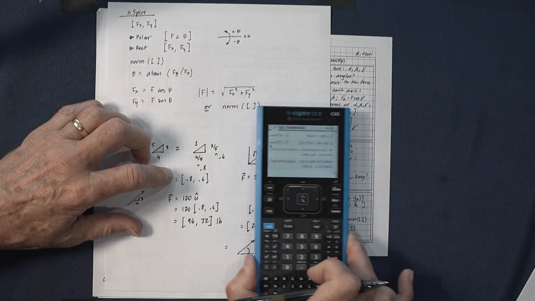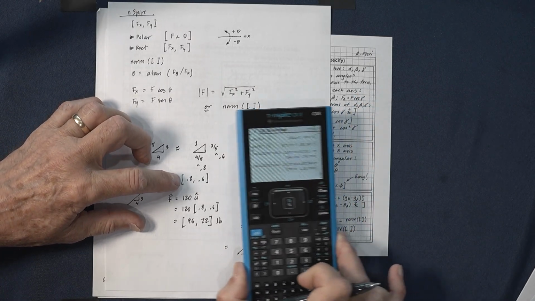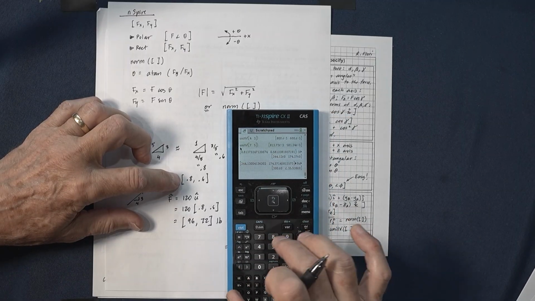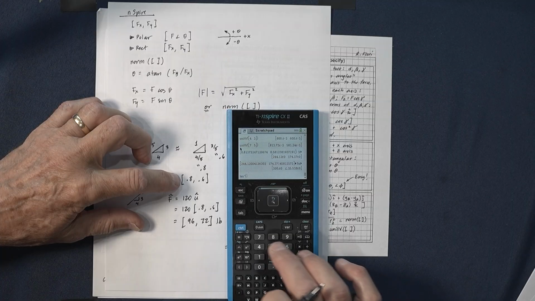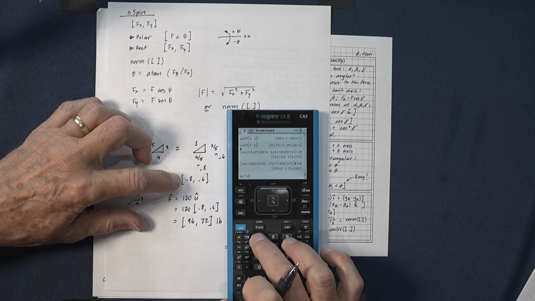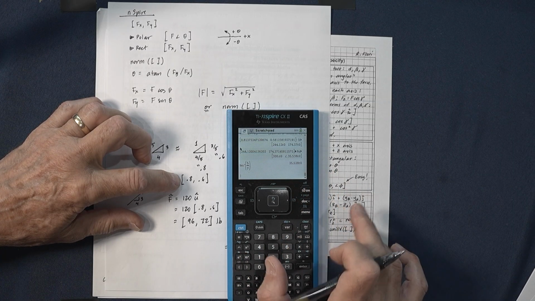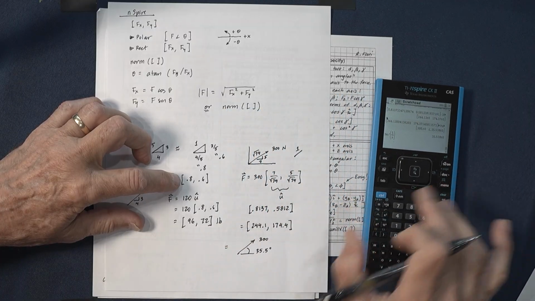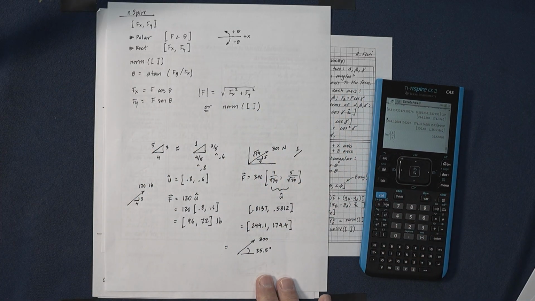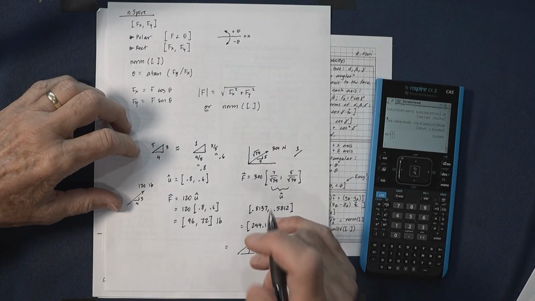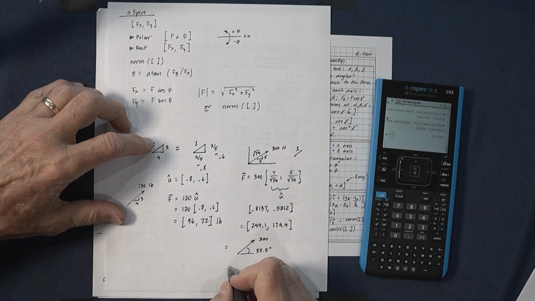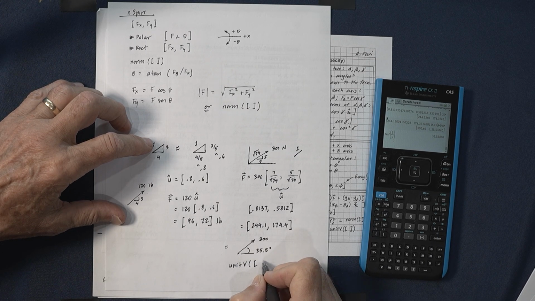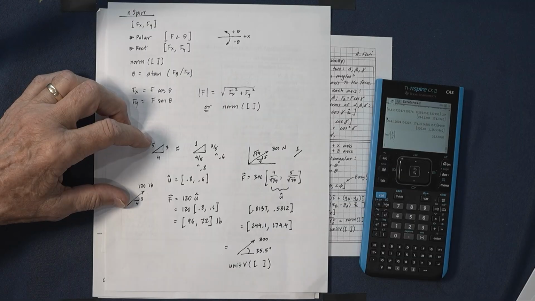And you can use inverse tangent of 5/7. So we can go trig, inverse tangent, enter, 5 divided by 7, enter, and we'll get 35.5 degrees. So any slope that you're given, the unitV function will give you a unit vector.